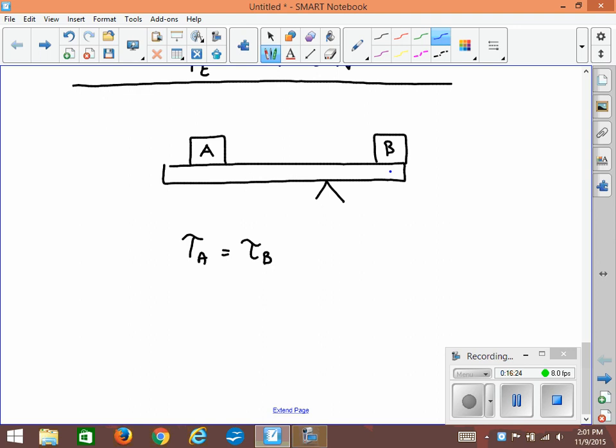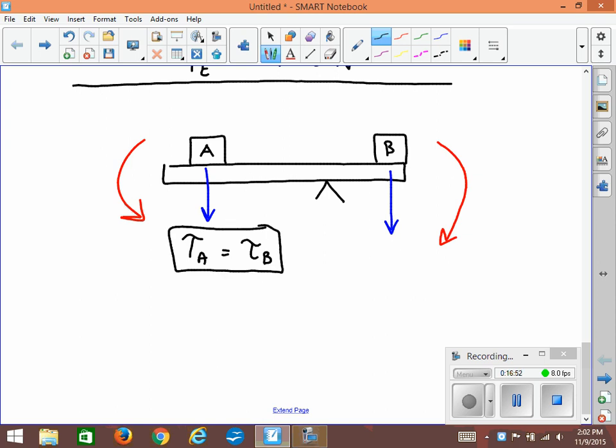Obviously, B has a force here that's going to be pulling it down, and A has weight as well. But notice what happens. B tries to make it go this way, which we'd say is clockwise, but A is trying to make it go this way, which is counterclockwise. So these two are working against each other. So what we say in math is that the magnitude of them is the same, but their directions are opposite.